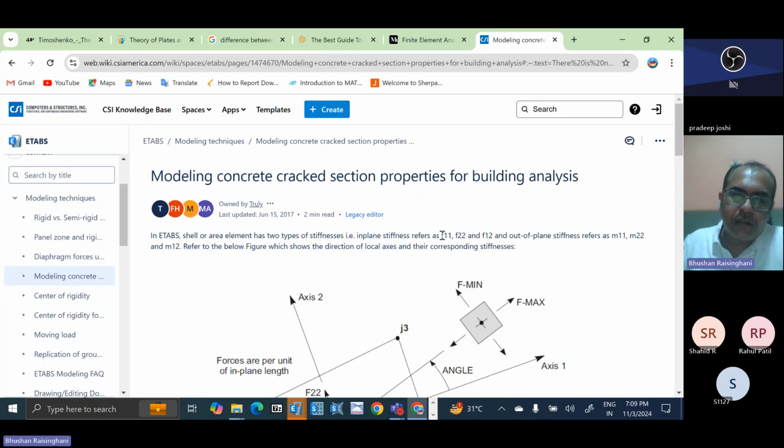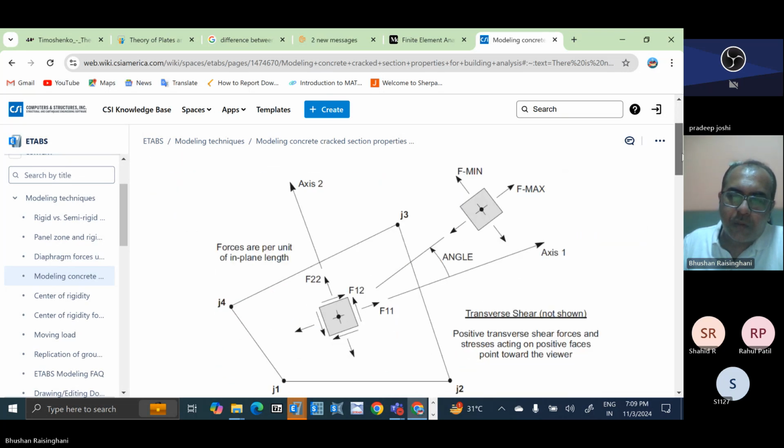So these are the directions in which the in plane stress is applied. In plane is x, in plane is y. So these are the forces, right? Am I clear? These are the forces. Now these are the moments. So for two things you have to apply. Here you can see whatever is in a single arrow is the force.